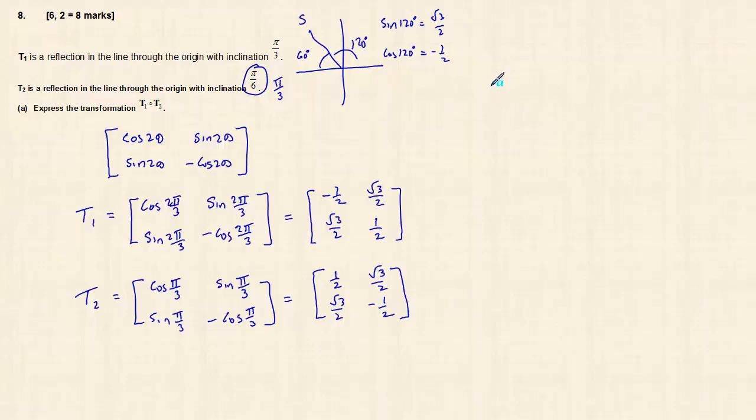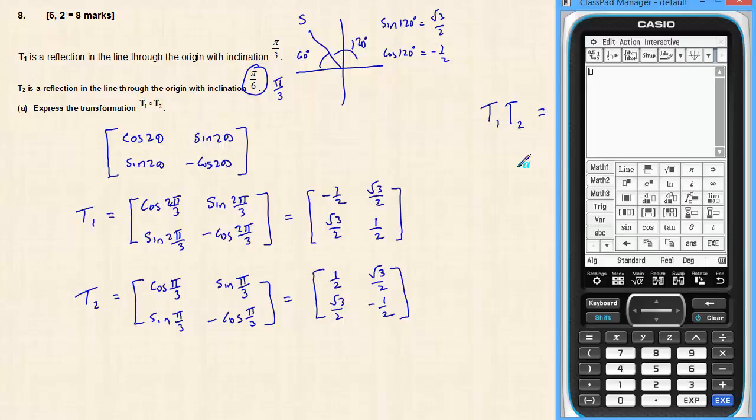Now, T1 of T2 means to multiply the matrices in that order, T1, T2. Now I am going to use the calculator for this, and I'm in standard mode here so that I get exact answers and not decimals.